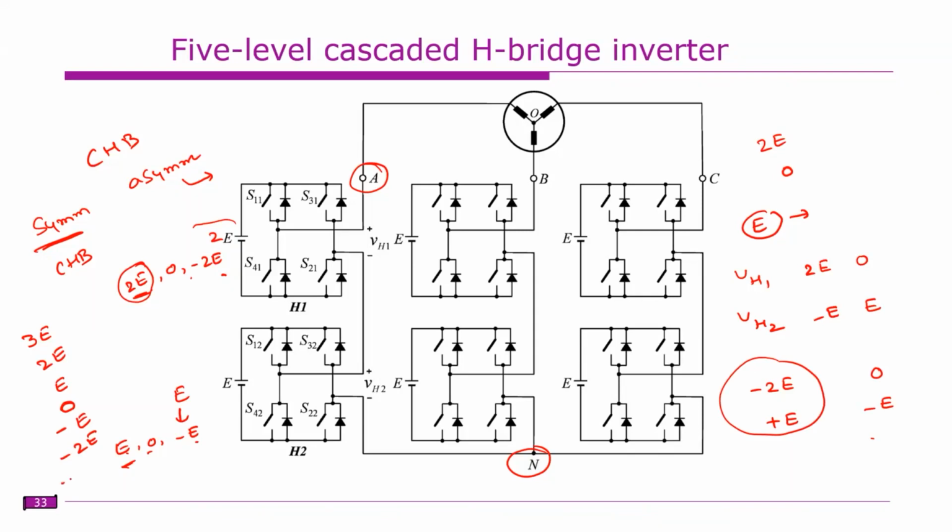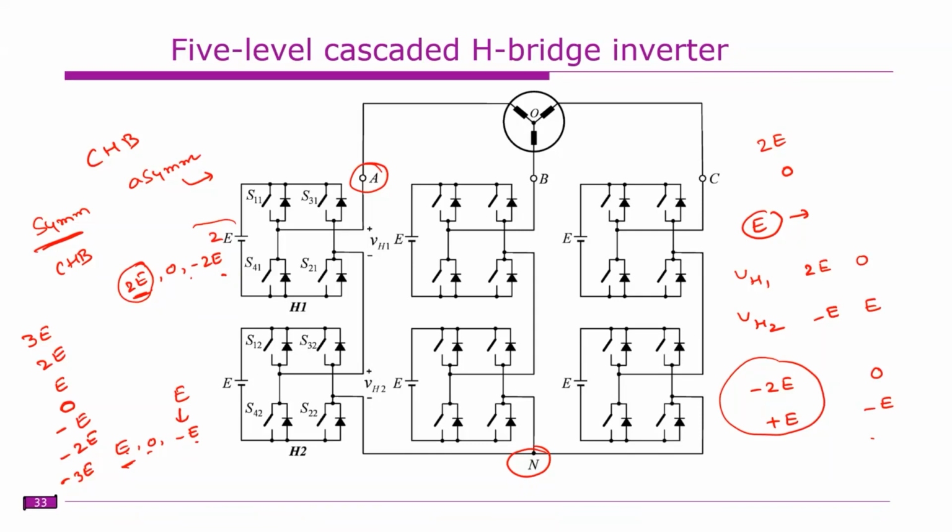And for minus 3E, both bridges must operate: one is minus 2E and the other one is minus E. This is how you get 3E voltage with only two bridges.